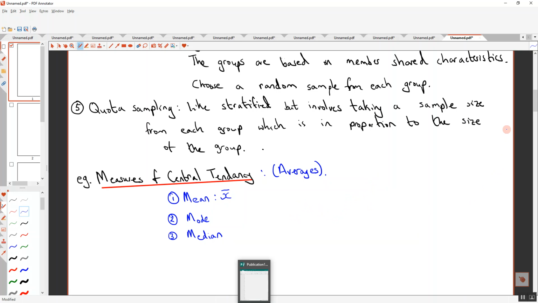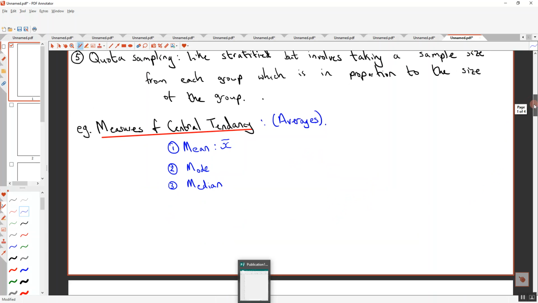So if I have to find the mean, mode, and median, let's do an example. Let's just pick some random numbers.